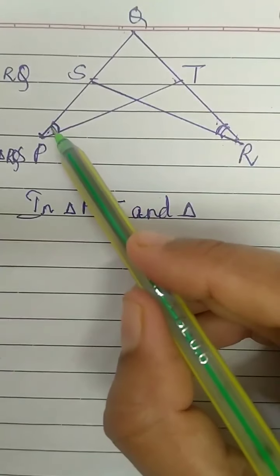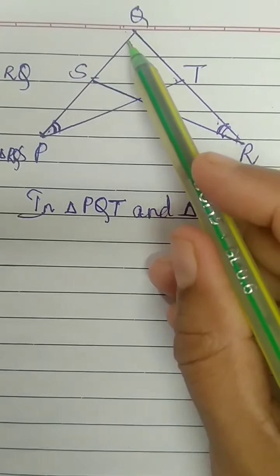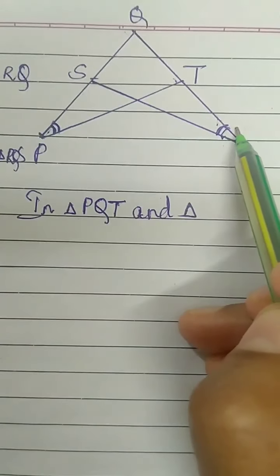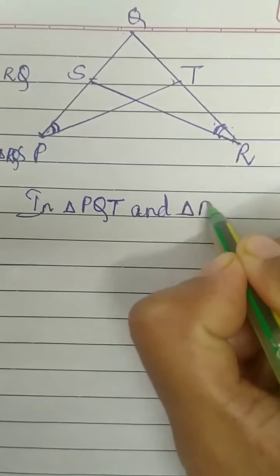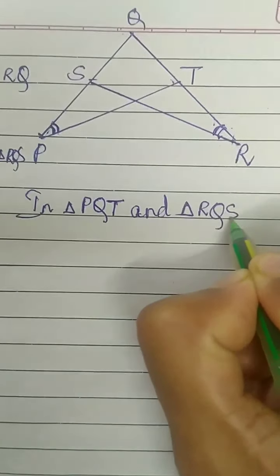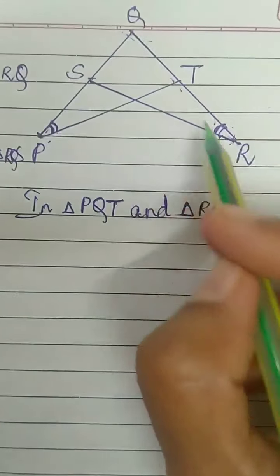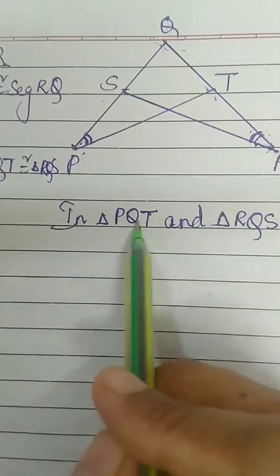PQT is marked, double marked angle to nothing marked. No? So same way, double marked to nothing marked. The next triangle's name will be RQS. PQT, RQS. We have to prove these two triangles are congruent.